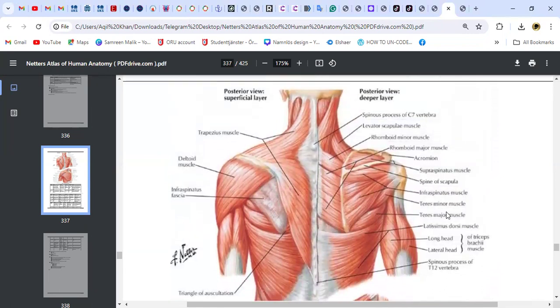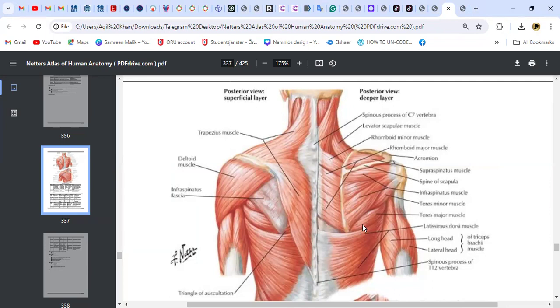Here you could see teres major, it's this muscle at the back, and teres minor, it's this muscle, right? If we discuss teres major first, it takes its origin from the posterior surface of the inferior angle of the scapula. Since it's here, you can imagine this is the scapula.